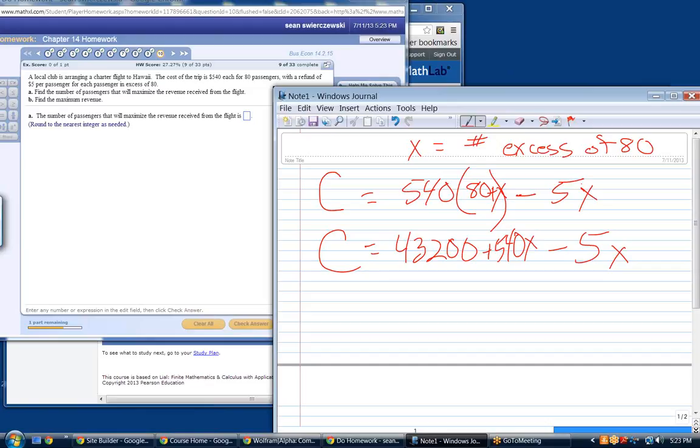Wouldn't that just end up being 535x? Yeah, and if you took the derivative of that, you got 535, and that can never be 0. So I haven't set up the equation right.